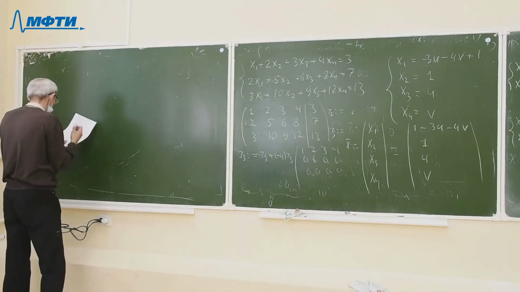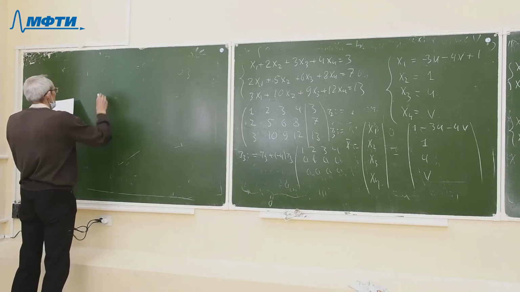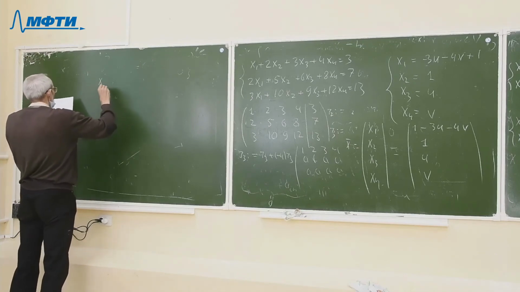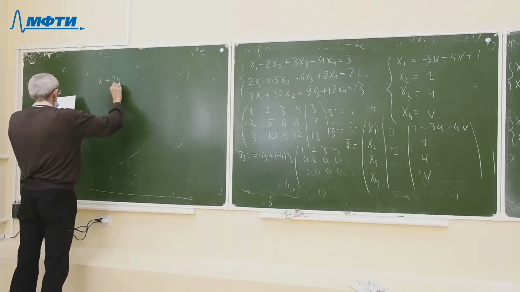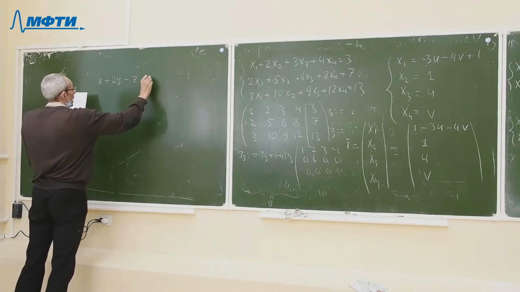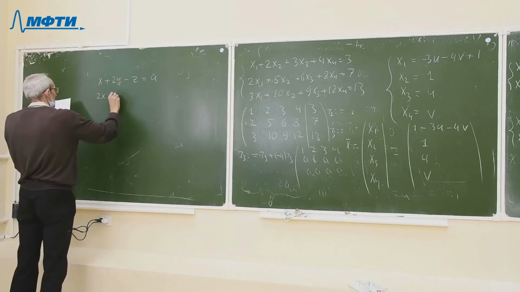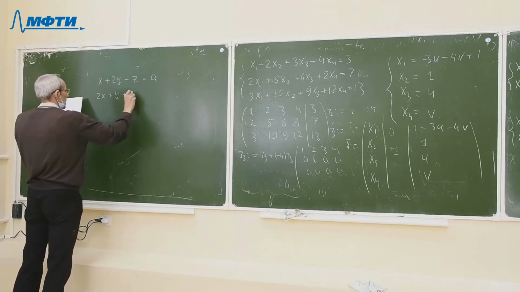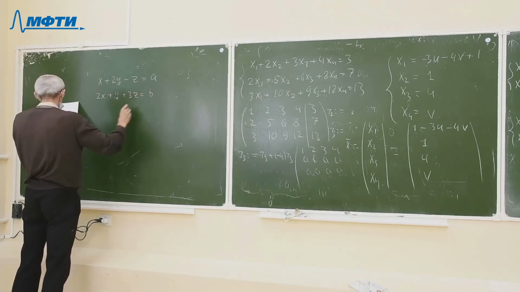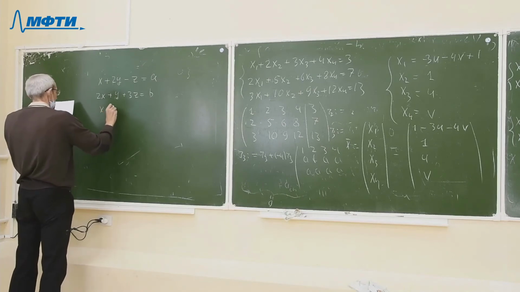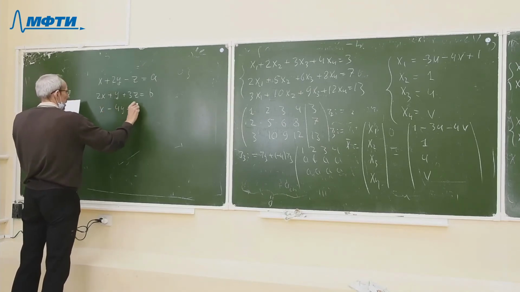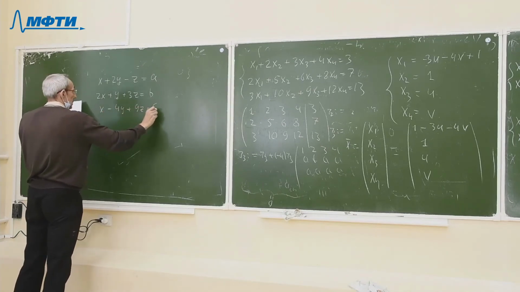We have the following simple linear system: x plus 2y minus z is equal to a, x plus y plus 3z is equal to b, x minus 4y minus 9z is equal to c.